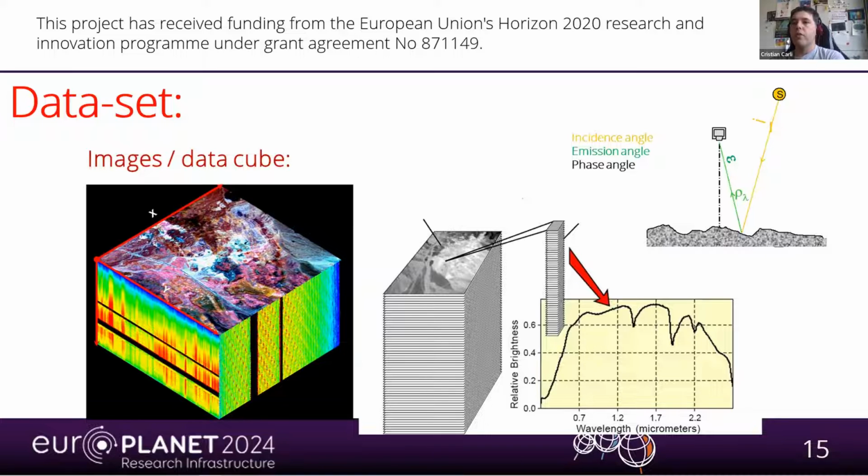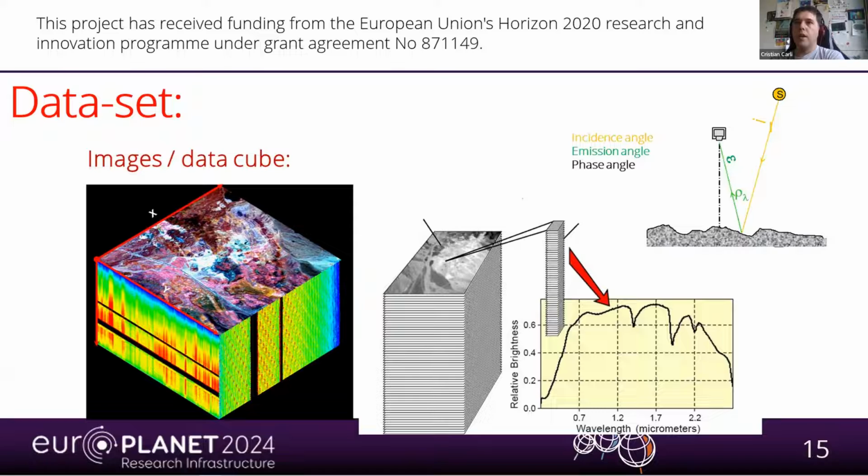Here, the third dimension is related to the reflectance properties and so related to the composition of the material. So this means that in X and Y, you have your image, and for each pixel in the third dimension, you have the information at the different wavelengths that we acquired.